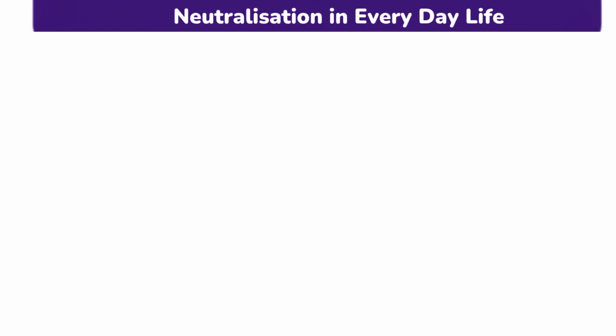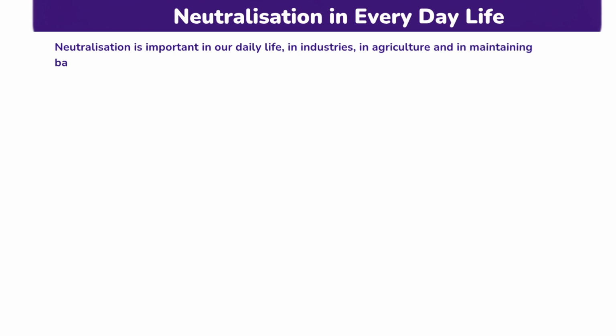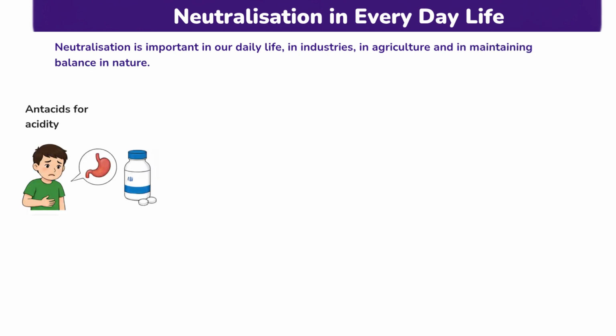Neutralization in everyday life. Neutralization reactions are very important and useful in our daily life and in industries. Here are some examples which show how neutralizations are helpful in our daily life. First is antacids, which are bases, used to neutralize or reduce excess acid in the stomach and relieve acidity.